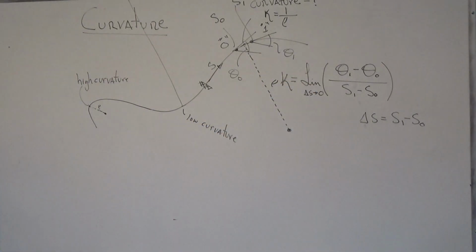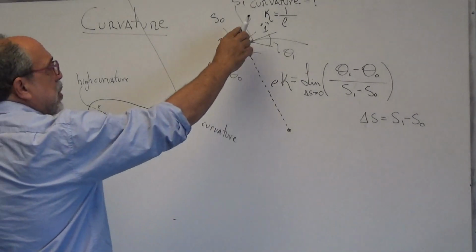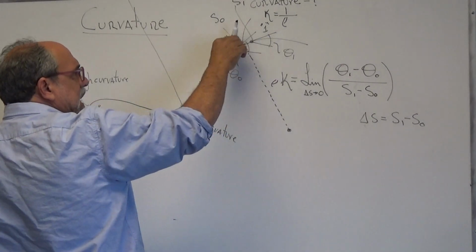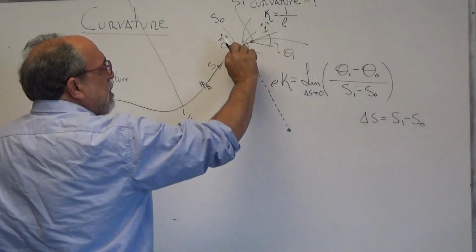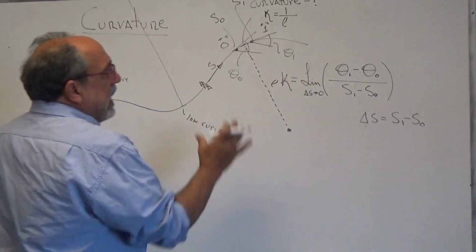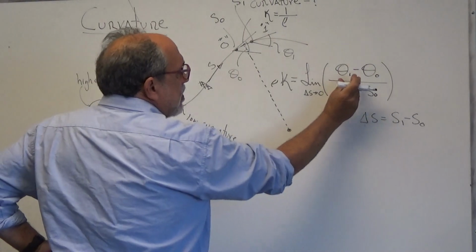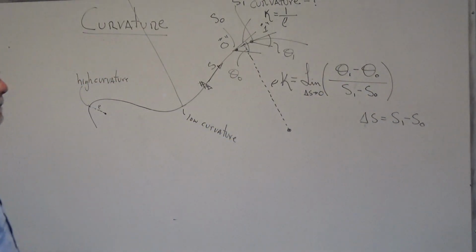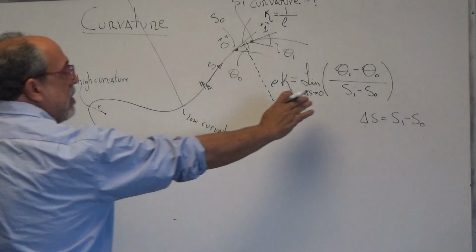So the curvature is simply how much the angle rotates divided by the distance, in the limit when that distance approaches 0.